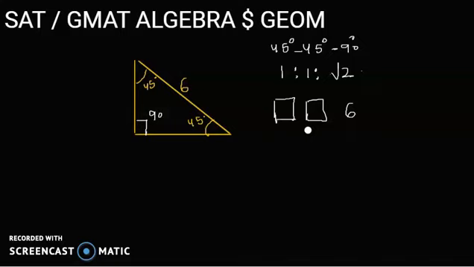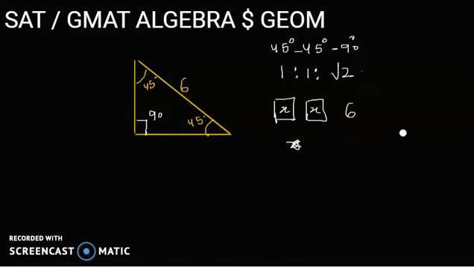If we assume these sides to be x, then we can say one corresponds to x, one corresponds to x, and √2 corresponds to 6. That means how many times is 6 greater than √2, or how many times is 6 to √2.